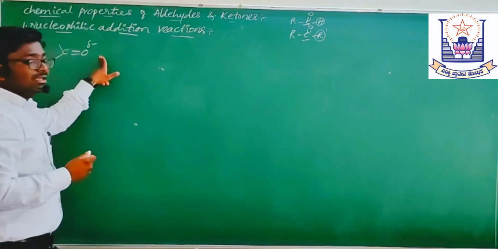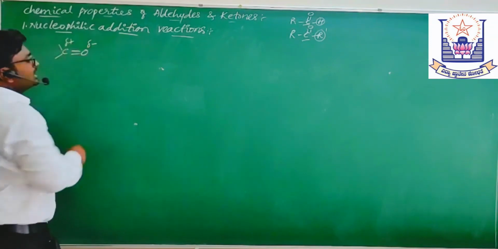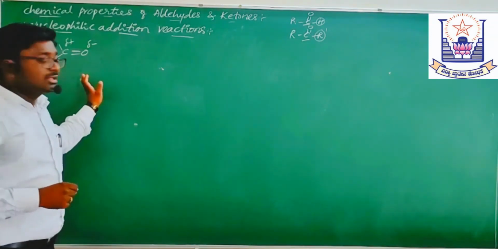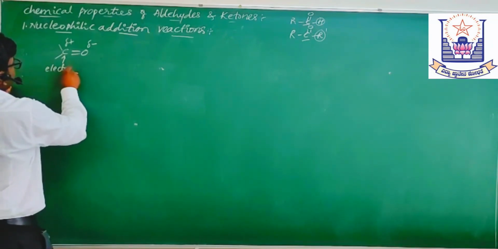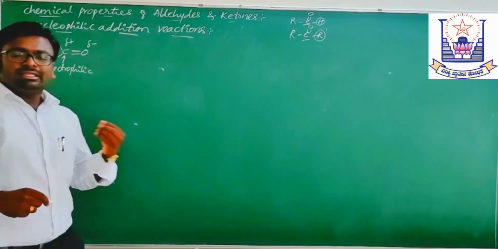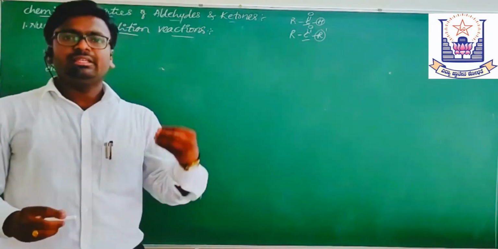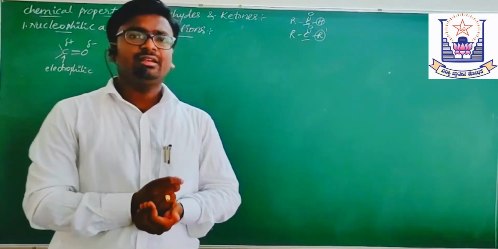It will pull the pi electrons towards itself, and the carbon will lose the electrons, so it is delta plus. Now it is electrophilic in character. The carbon has electron deficiency, or electrophilic character.